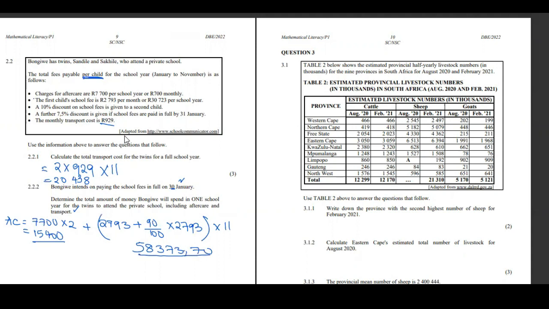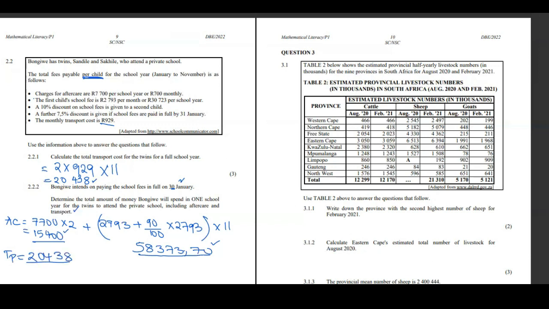So we've looked at aftercare, we've looked at school fees. Now the transport, we shall pick it from up here. So transport, allow me to use it like this. So add up everything.